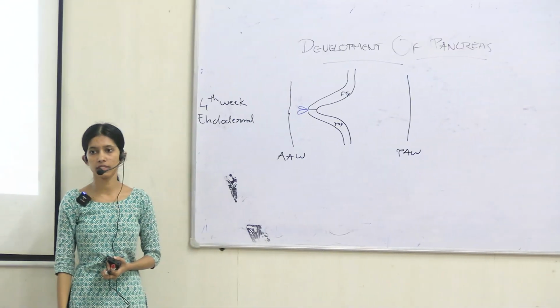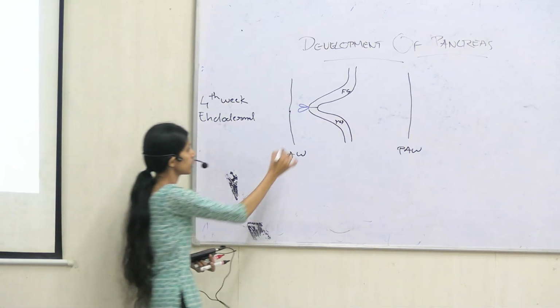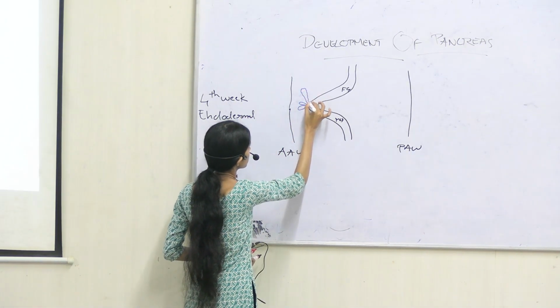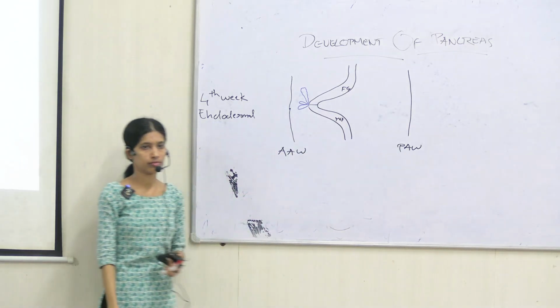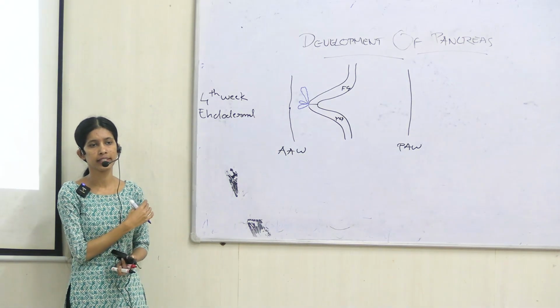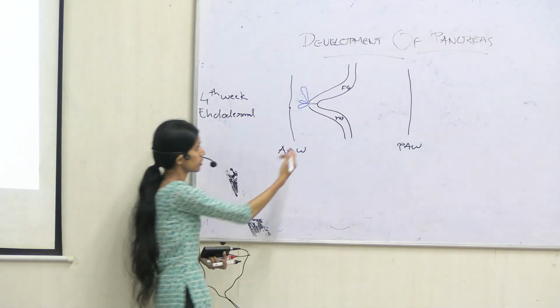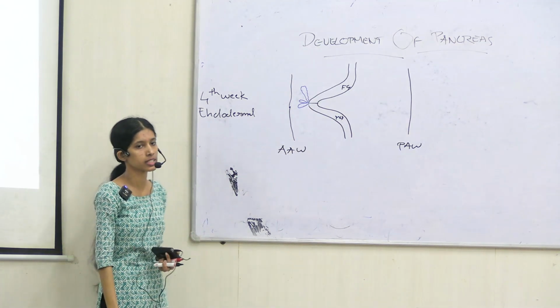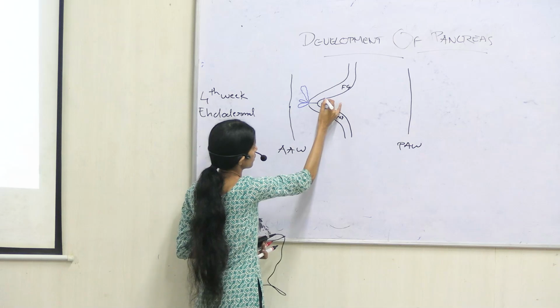Along with the pancreatic bud, we can see one more structure like this. This is on the anterior aspect. On the posterior aspect, cranial to the junction, we can see one more duct like this.